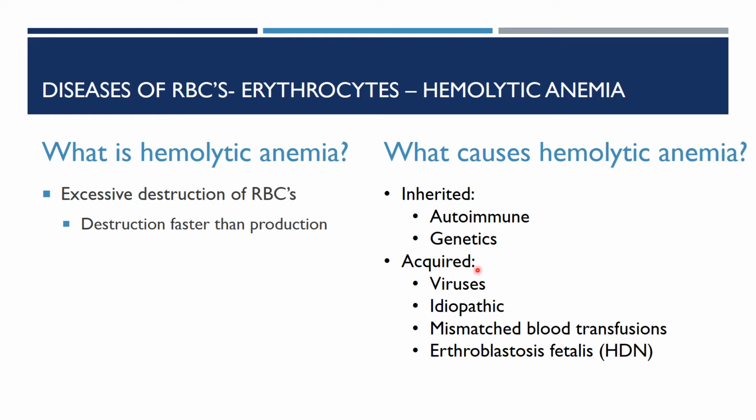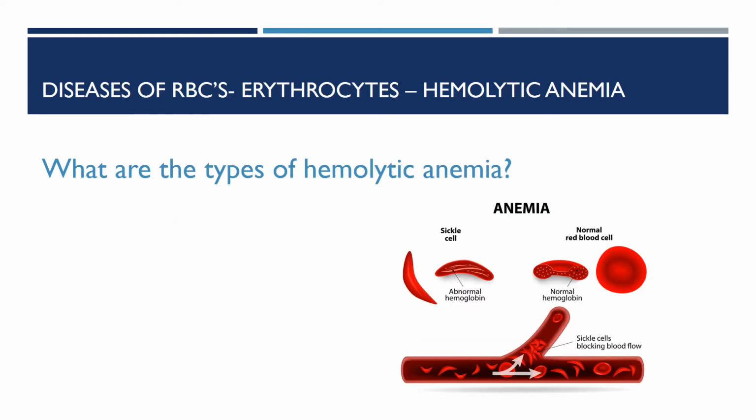This is versus acquired, where this can be due to viruses, idiopathic, mismatched blood transfusions, and erythroblastosis fetalis, otherwise known as hemolytic disease of the newborn. So we see a few different ways that they could really occur in our body.